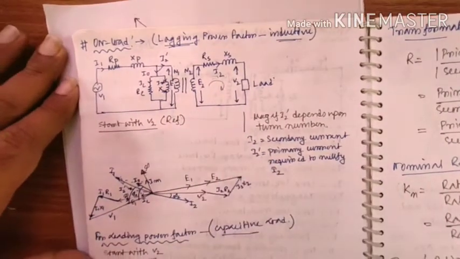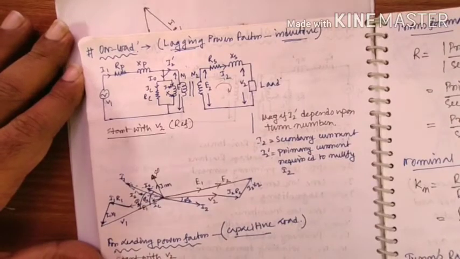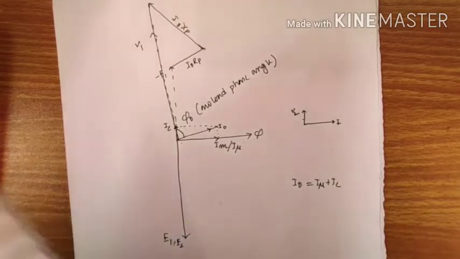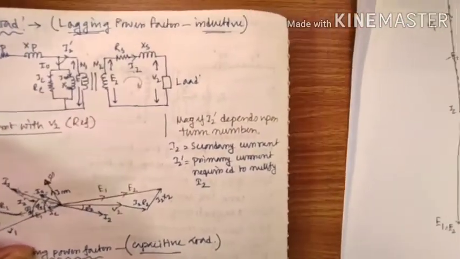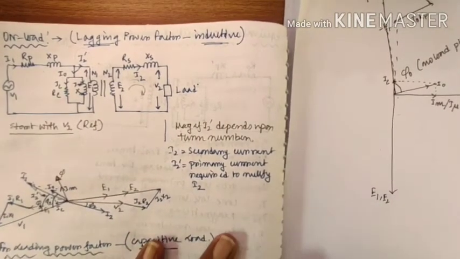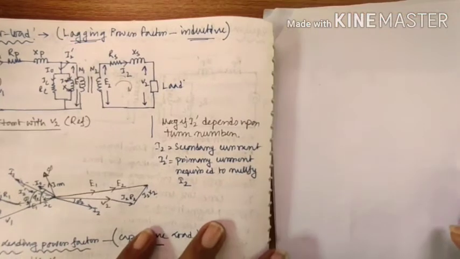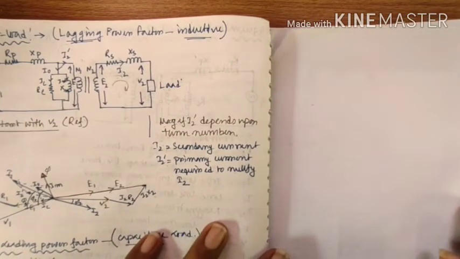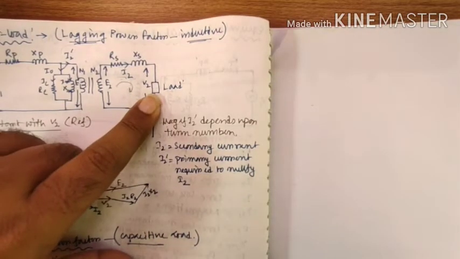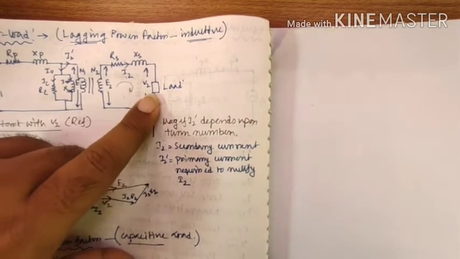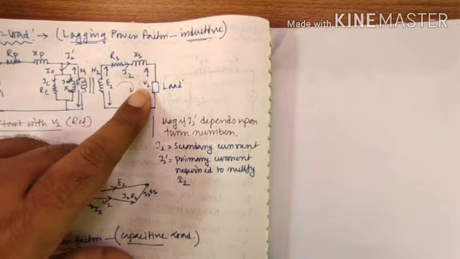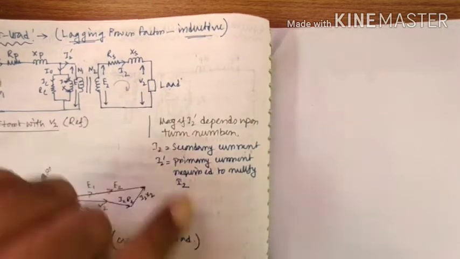Now in this case, if we want to draw the phasor diagram, then how to draw it? The circuit is here and we will try to draw it here. What we have assumed is that we will start with a different approach. The load is inductive one and V2 is the voltage developed across this inductive load.